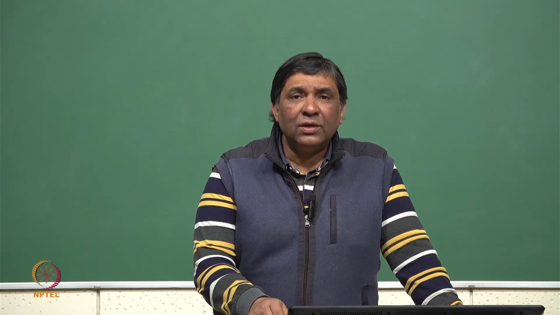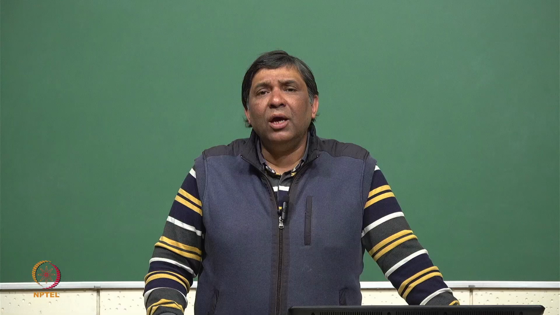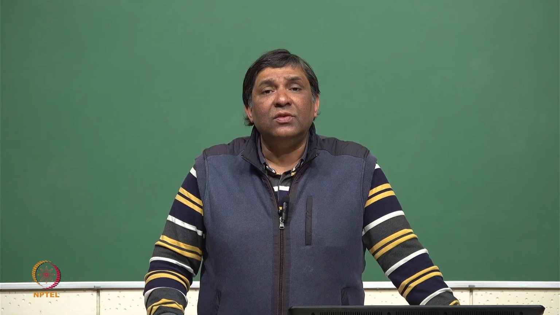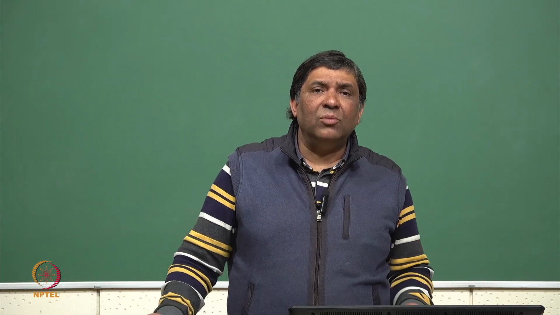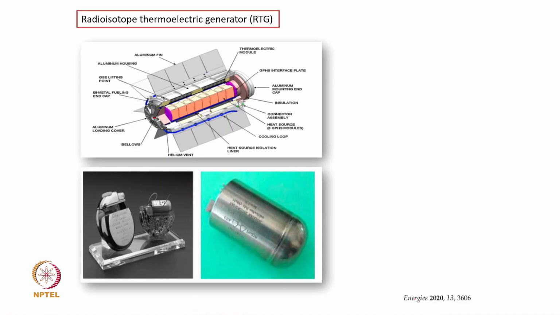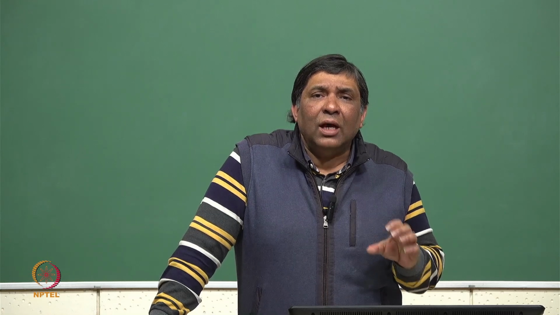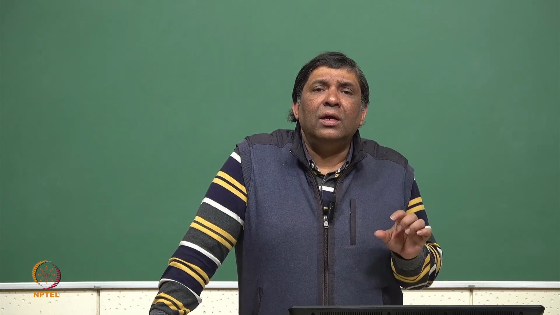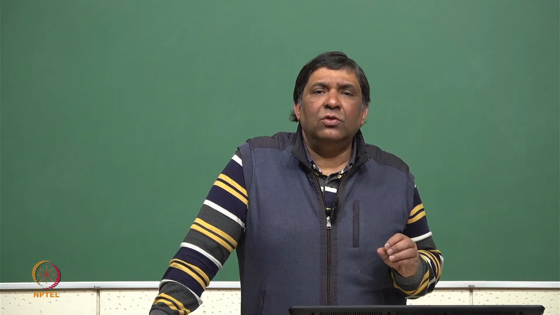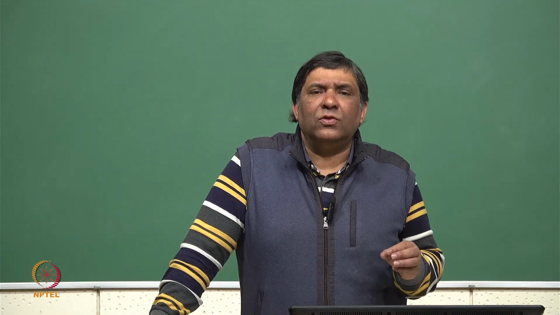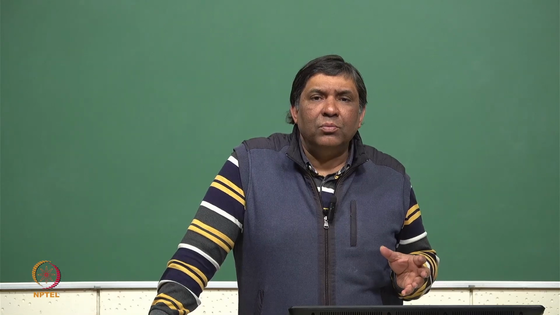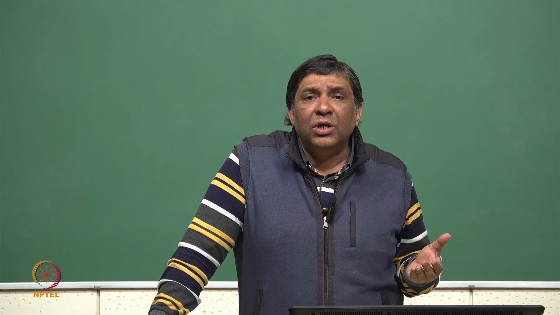So one particular thing came in the 1960s and 1970s when NASA employed what is known as the radioisotope thermoelectric generator, or RTG devices. What is a radioisotope thermoelectric generator? It is basically a thermoelectric generator where a radioisotope is used. So what is the role of the radioisotope, like polonium Po or plutonium Pu?